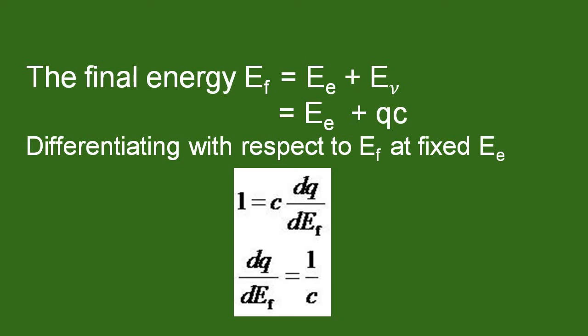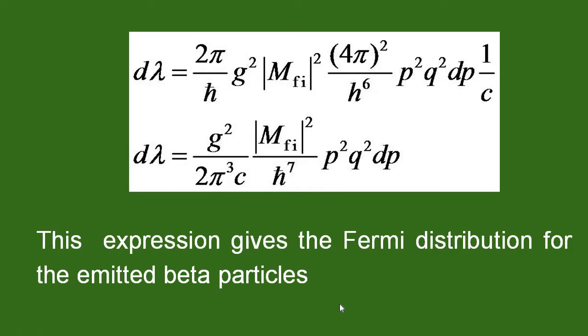C into dQ by dEF, or from that equation dQ by dEF you can write as 1 by C. And substituting the value of dQ by dEF in the previous expression as 1 by C, we can get the expression for d lambda like this.